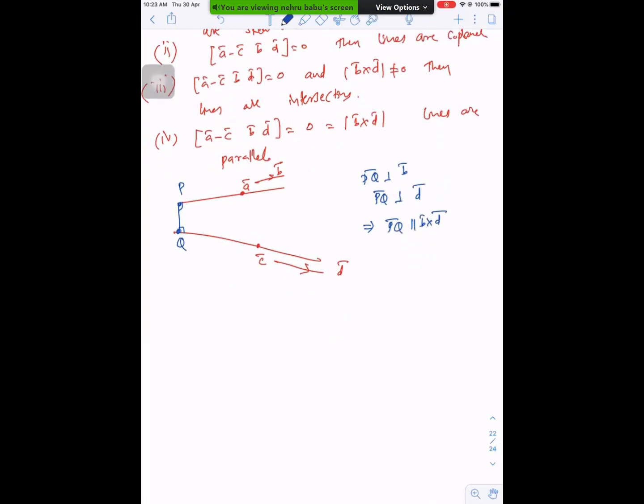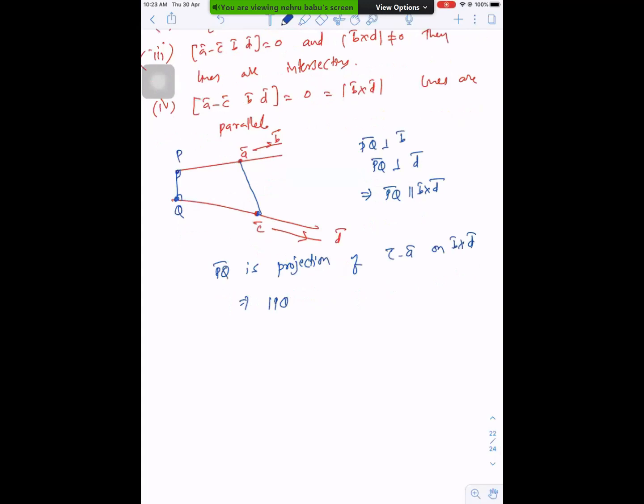And how to find the length of PQ: if you join a bar and c bar, then PQ bar is the projection of c bar minus a bar on b cross d. That is parallel to it, and exactly the projection magnitude is this. That's why the length of PQ bar equals, by the projection formula, (c minus a) dot (b cross d) by mod b cross d.